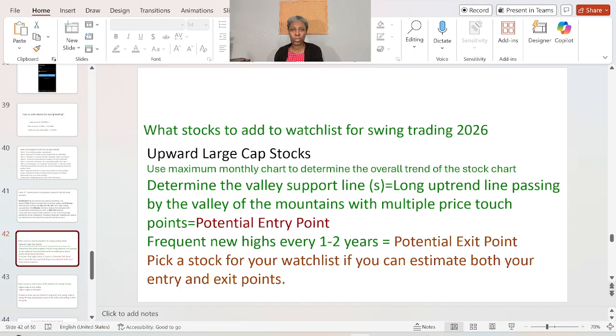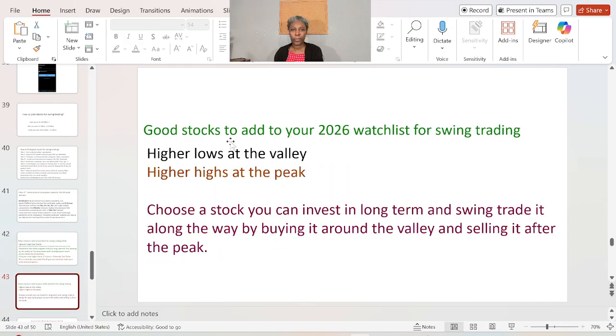And I just tried to put down in writing how I can express what I'm thinking about. So higher lows at the valley and higher highs at the peak. Those are what I consider consistent growth.